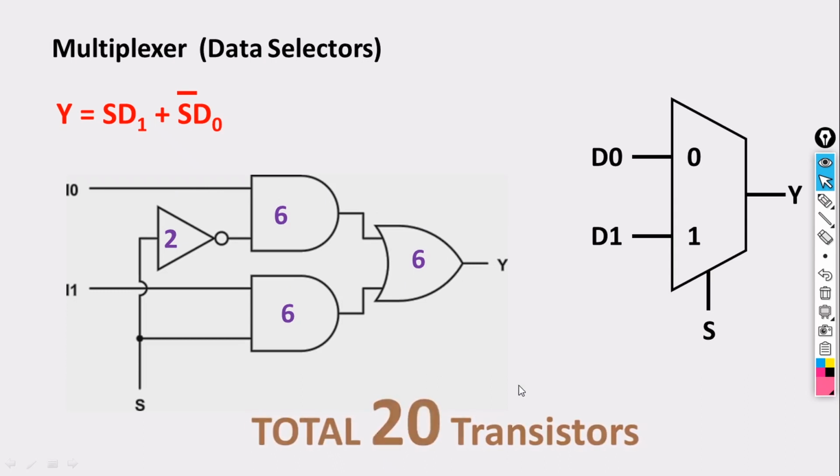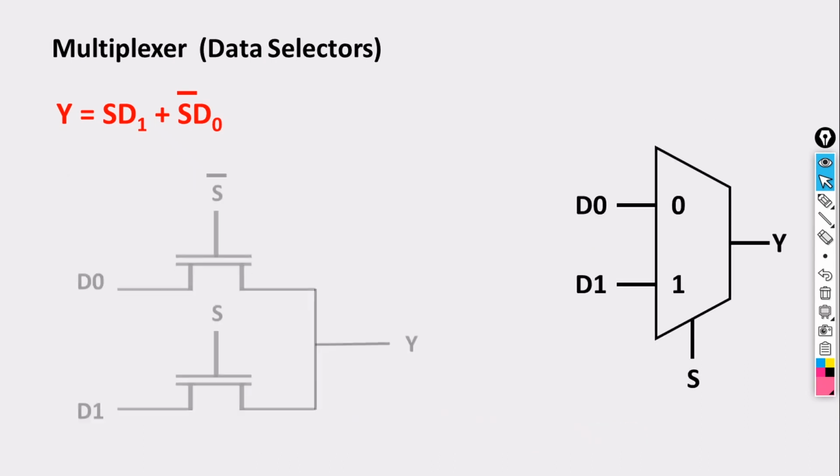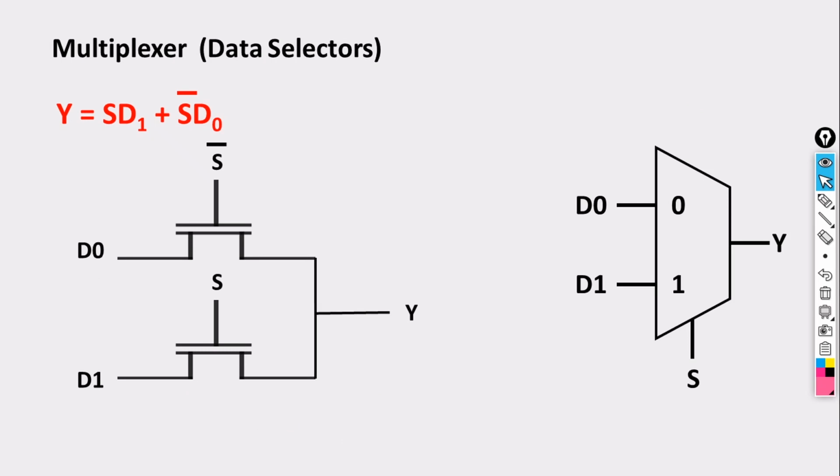This 20 transistors is based on my CMOS logic. Now we have also studied pass transistor logic and transmission gate logic. If you look at the working of the pass transistor logic, whenever S is 0, this transistor is going to be selected, because S bar is 1 and S is 0.